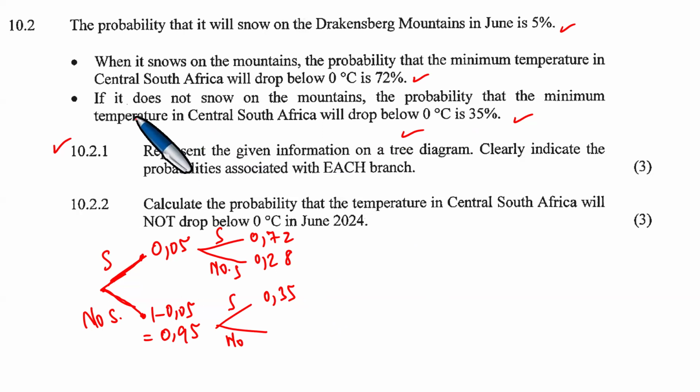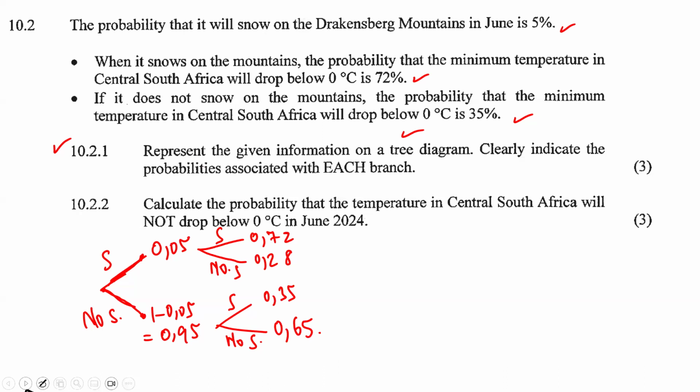And otherwise, if there's no snow, 1 minus 0.35, which is 0.65. Right, so that is the tree diagram in 10.2.1. So we're done with that part.